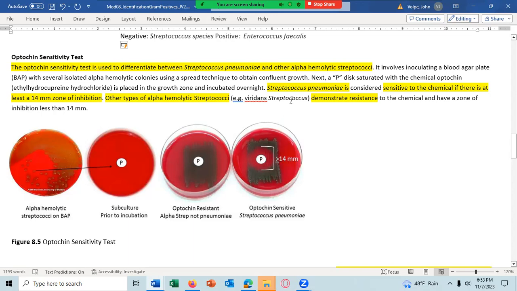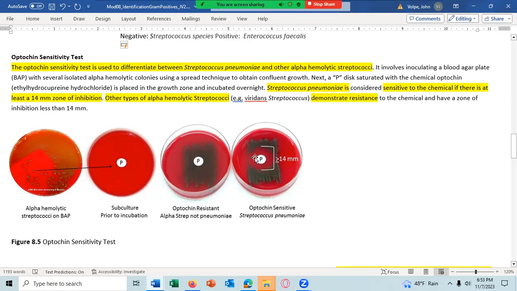Any question about any of that? So you do not use this test if you have beta hemolysis or gamma hemolysis of the Streptococcus. You have to narrow it down to the family of Streptococcus and then look at the hemolysis. And if you want to separate out the alpha hemolytic bacteria, you can use the optochin sensitivity test.